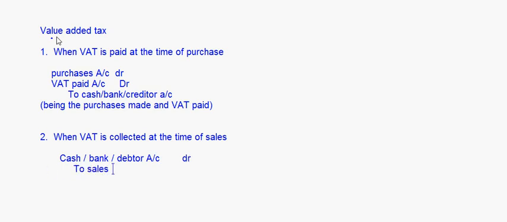To sales account, and here you will write to VAT collected account. Whatever value added tax you are collecting, that is always credited, and whatever value added tax you are paying, that is always debited, right?